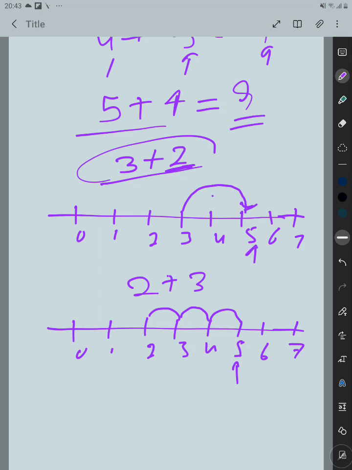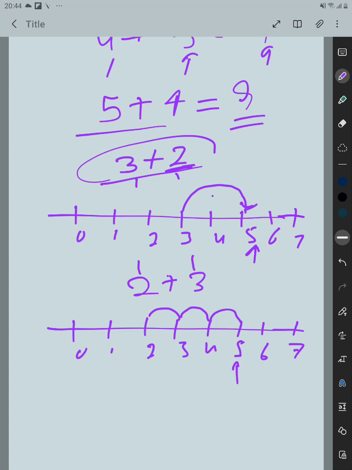From the number line also it is self-explanatory that if we interchange these two numbers, the result is the same. If we change the order, the result is the same.